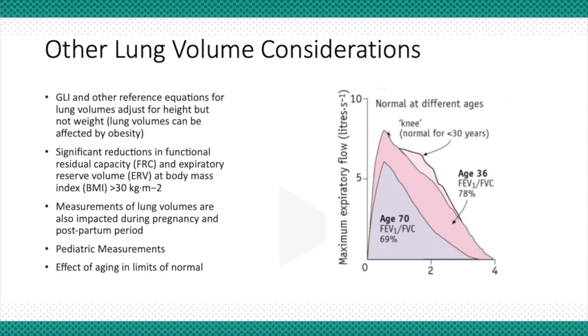So this variation with weight, with age, and this variation with certain special considerations like pregnancy and the postpartum period have not been met by the GLI equation, and in future we may need more and more reference equations in addition to this guideline.